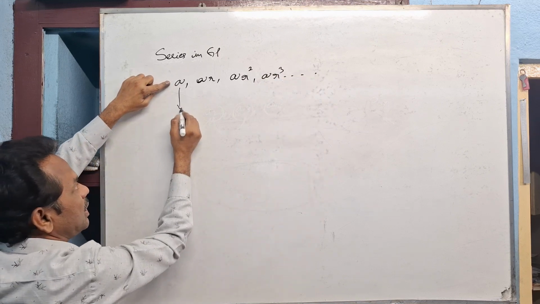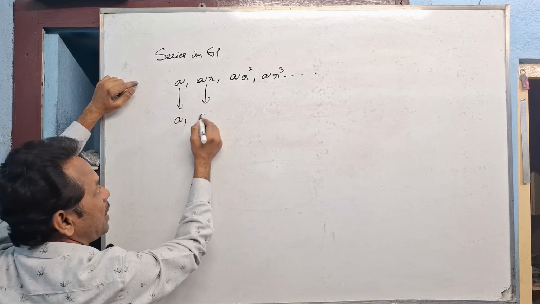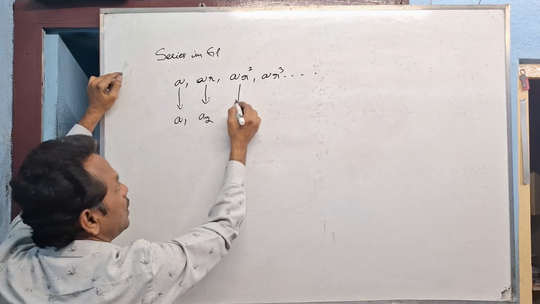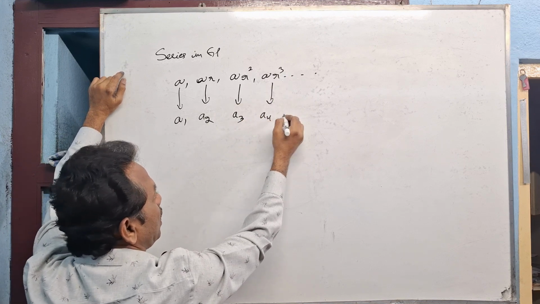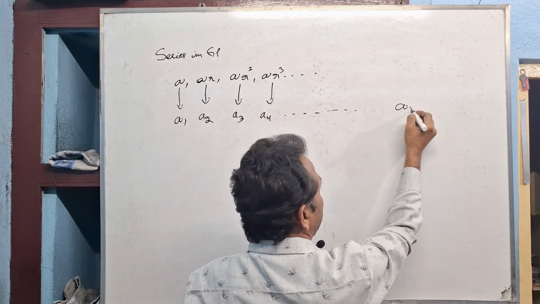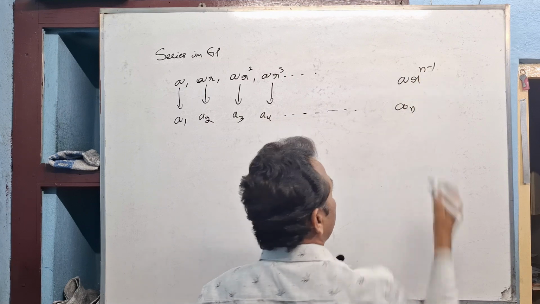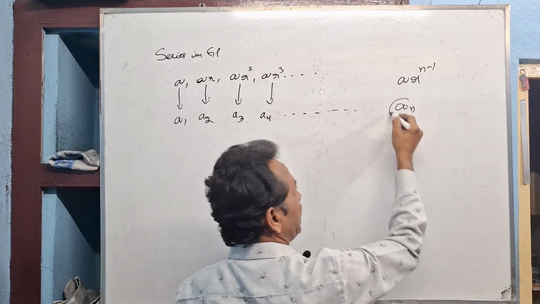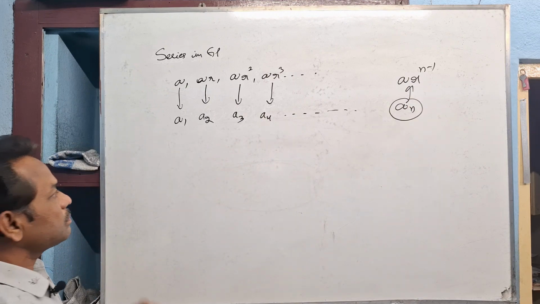So A is the first term, A into R is the second term, A into R square is the third term, and A into R cube is the fourth term. If I continue like this, our nth term An will be A into R to the power of n minus 1.